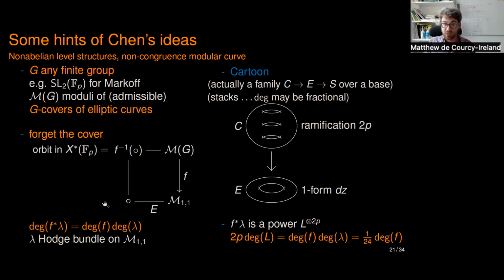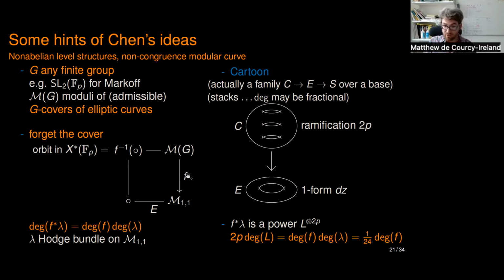So Chen computes the degree of a line bundle in two ways to get the congruence. There's a forgetful map where you forget everything except the elliptic curve E. You forget the whole cover to just map this M_G moduli into just the moduli of the elliptic curve itself.